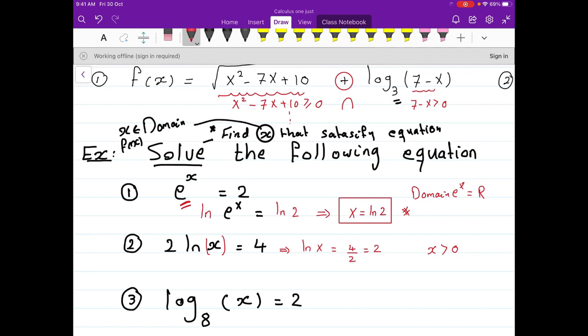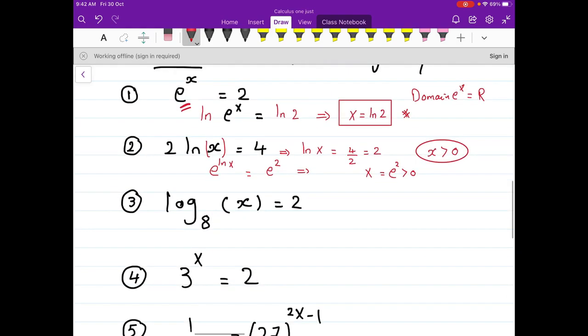Take e to both sides, so we get e to the power ln x equals e squared. So this is equivalent to x equals e squared, and e squared is positive. This condition holds since inside the ln must be positive, so if you get a negative number, you reject it, okay?